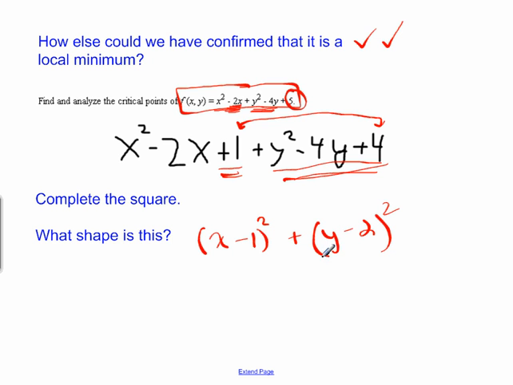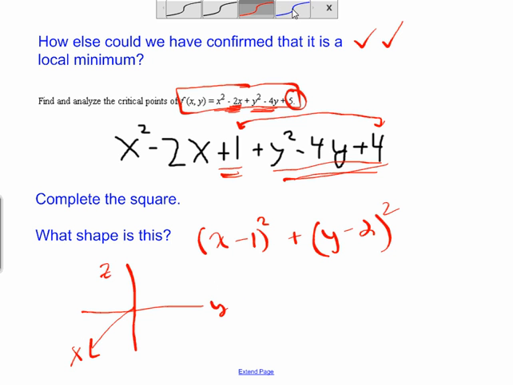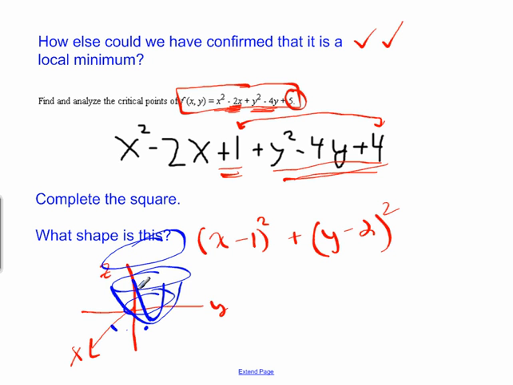And what shape is this? Well, this is just a 3D parabola that's been shifted 1 in the x direction and 2 in the y direction. So if we call this y and z and x, we've shifted up 1 in the x and then 2 over in the y. And what we're creating is a three-dimensional parabola that looks something like that.